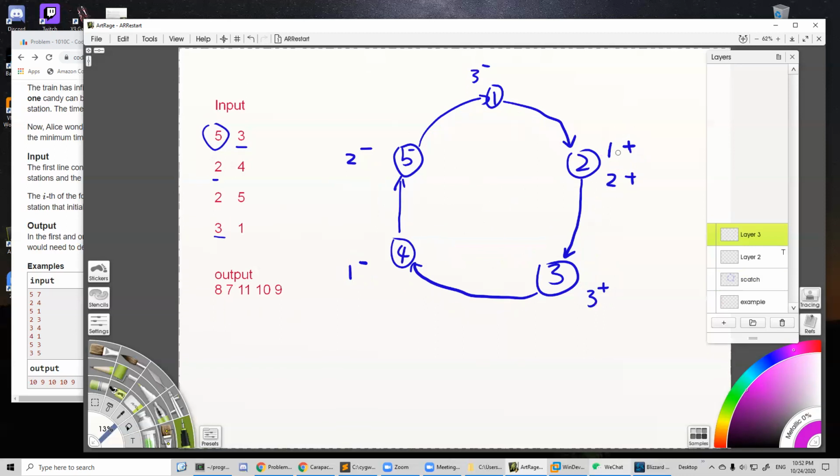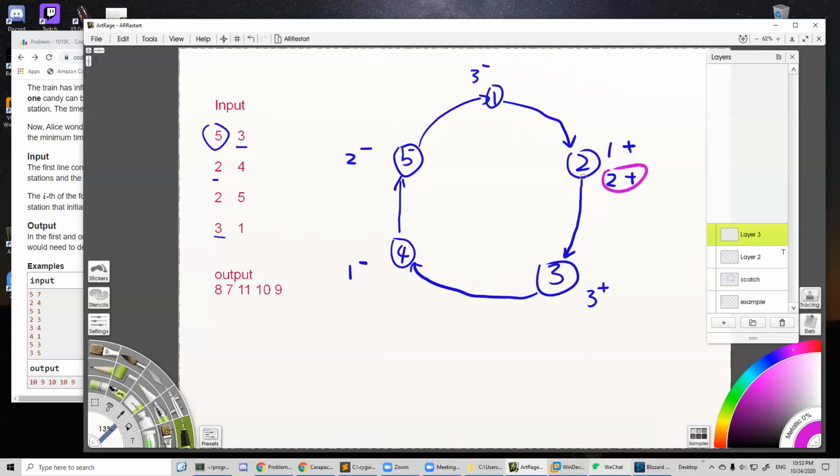Last time we picked up 1 first, so this time we pick up 2 first.